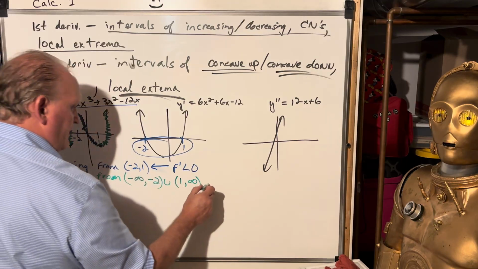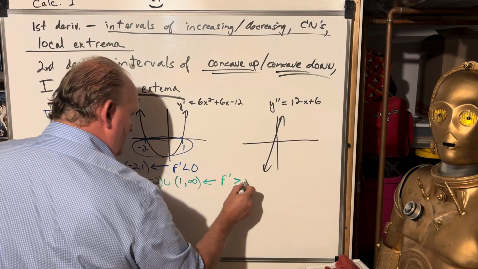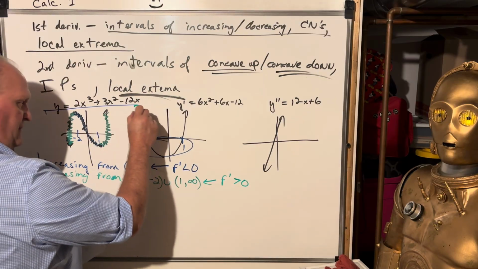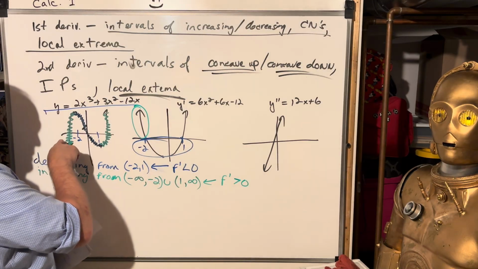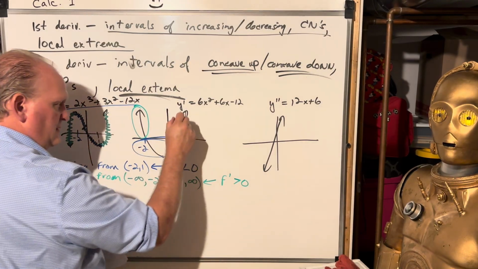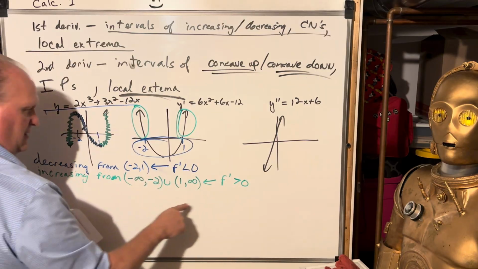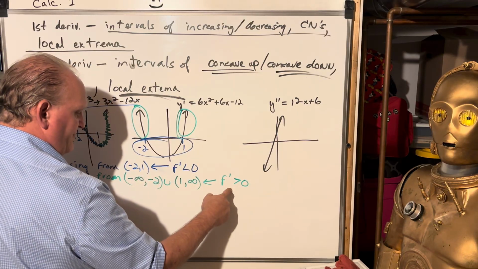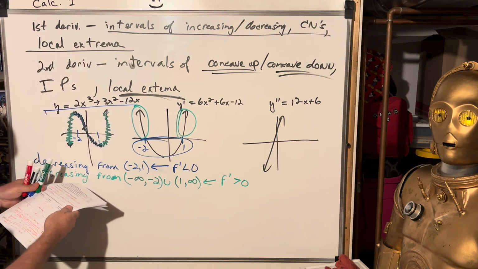But again, if we take a look at f prime is greater than 0, it's above the x-axis from -infinity up to -2. It's above the x-axis from 1 to infinity. So this same interval, this is true. F prime is greater than 0. All right.